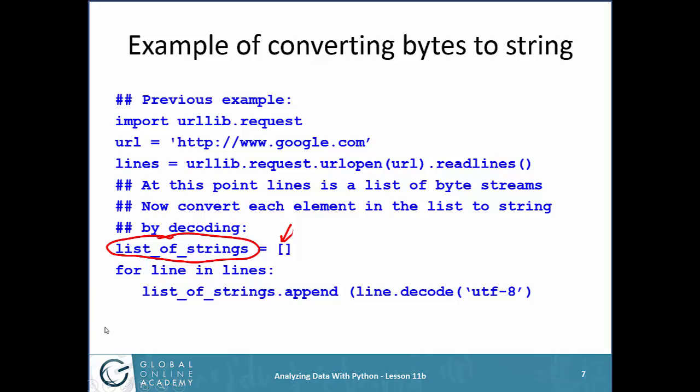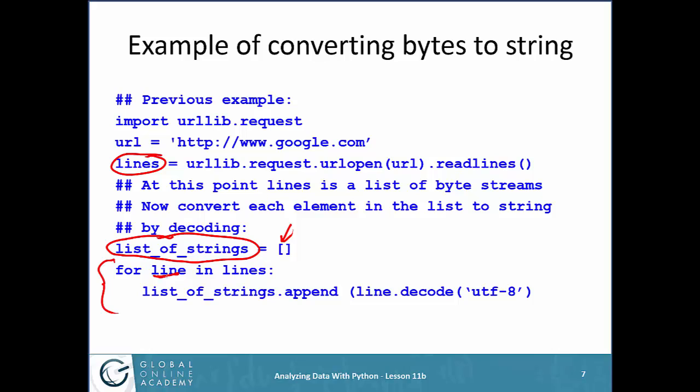Then I'm going to go through a for loop for each line in lines. So I'm taking this, which is a list, taking one element of it at a time. So the first time through this loop, line will have whatever's in lines[0]. And the second time through, it'll have whatever's in lines[1], and so on.